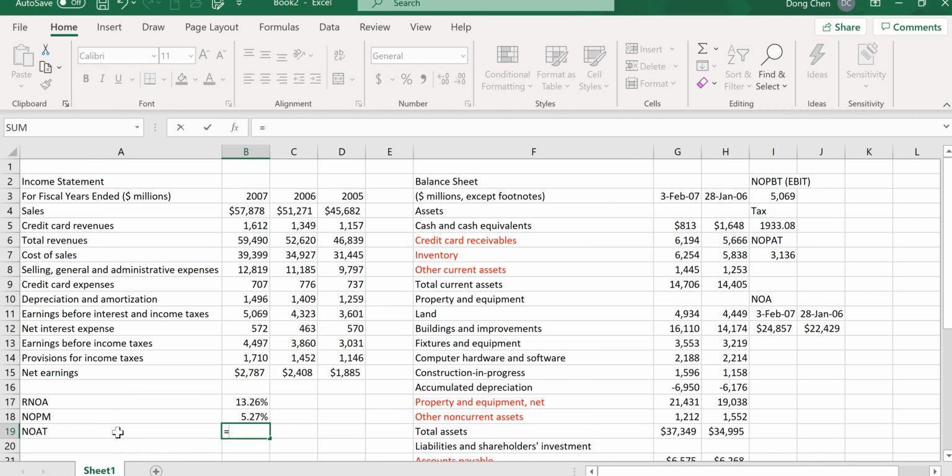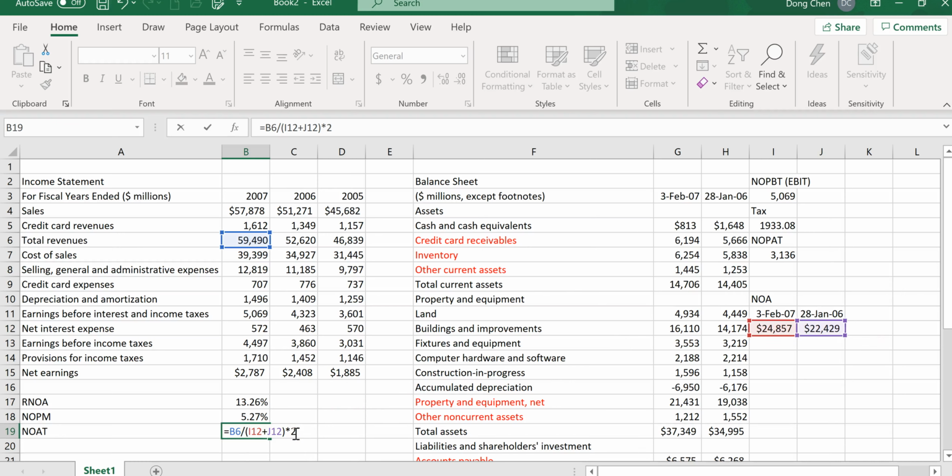So this is defined to be the total sales, total revenue, divided by the average NOA, net operating assets, and then times 2. The reason I multiply by 2 rather than divide by 2 is because the denominator should be divided by 2. So I don't want to add another layer of parentheses, so I just directly multiply by 2.